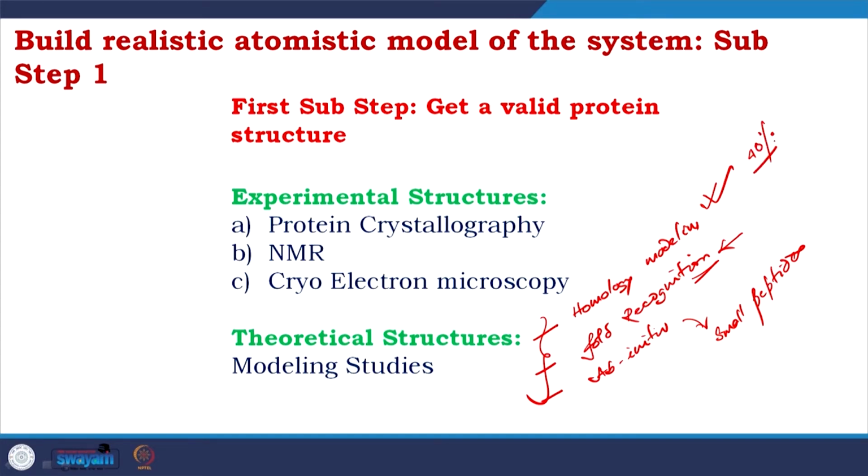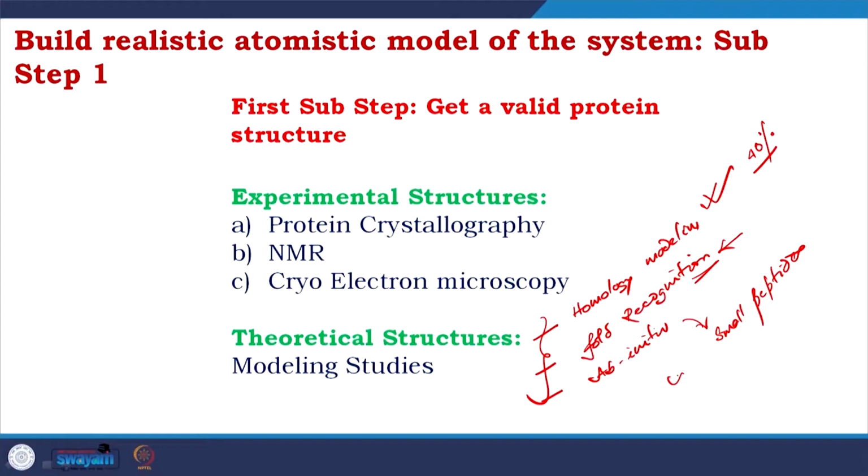But very interestingly, now there are combinations of techniques, and why I am talking about this combination of techniques at this juncture of the course, because if you look at, and I will probably introduce a small part as a case study, there are two programs called Rosetta and I-TASSER.